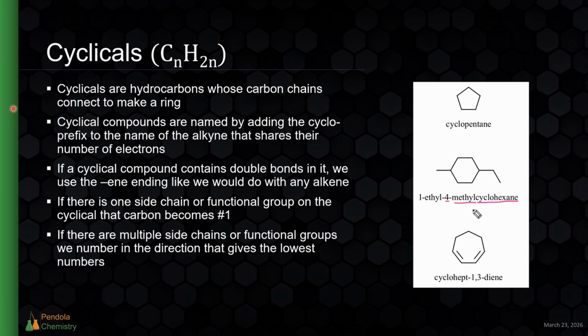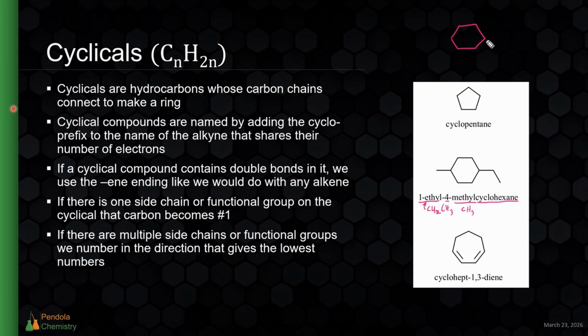For methyl, remember, methyl means a CH3, a 1-carbon group, and ethyl means 2 carbons, so CH2, CH3. So when we draw a ring, if we see cyclohexane, it's 1, 2, 3, 4, 5, 6, so it's a hexagon.